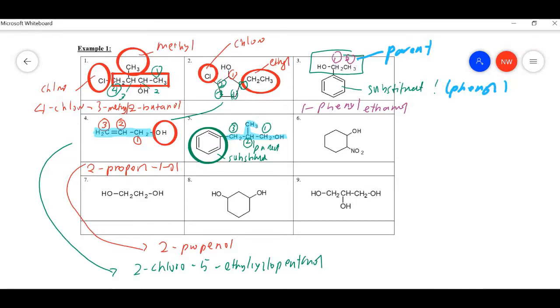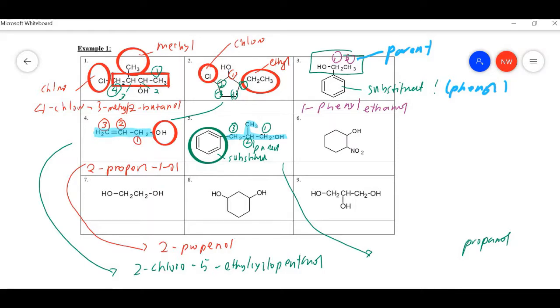Numbering dia akan jadi 1, 2, 3. Parent chainnya adalah 3 carbon, so dia akan jadi propanol.